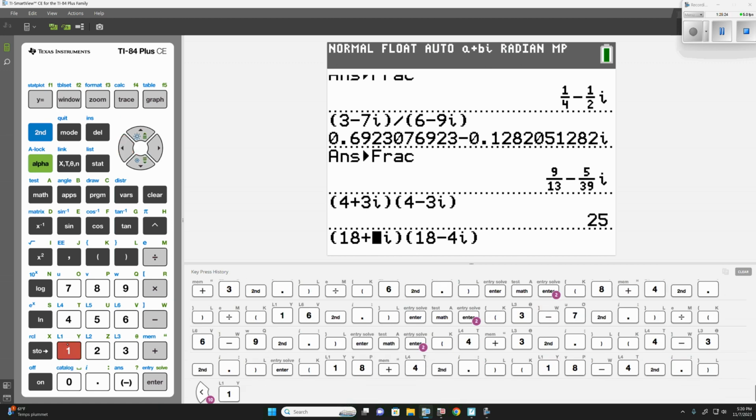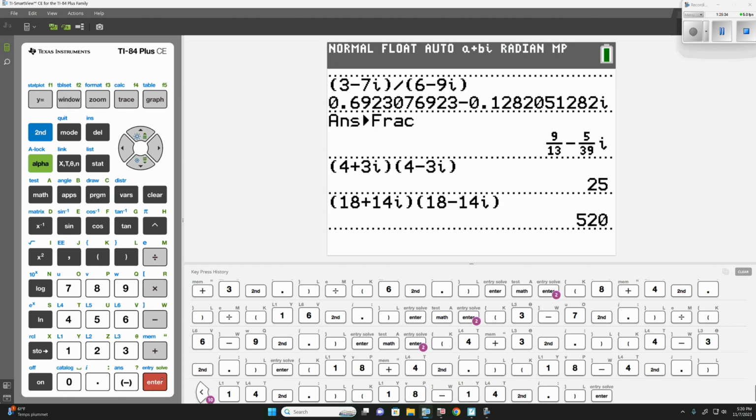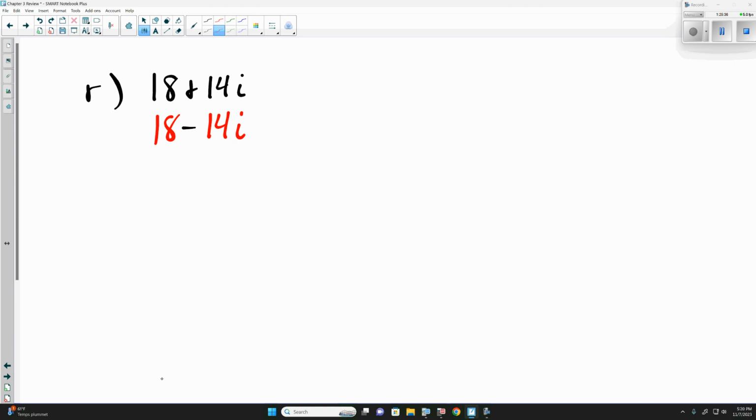I, for some reason, just didn't type the 14. 18 plus 14i times 18 minus 14i is 520. So that's the answer for that one there.